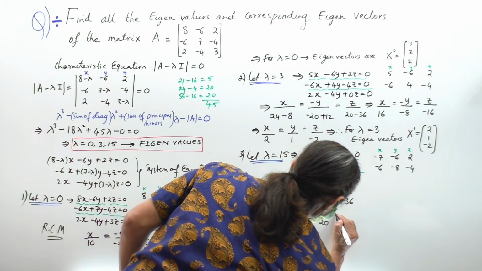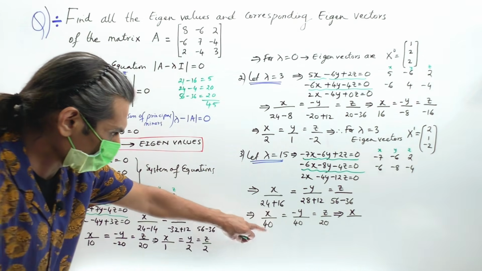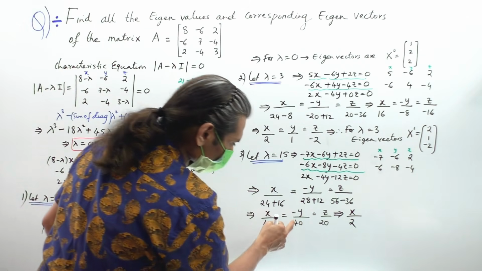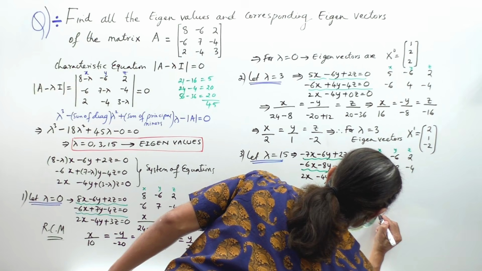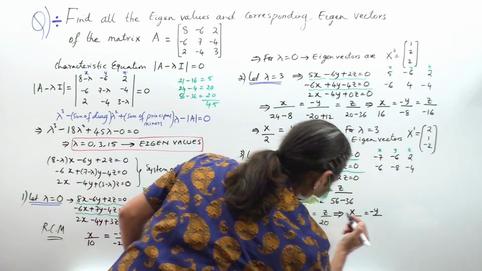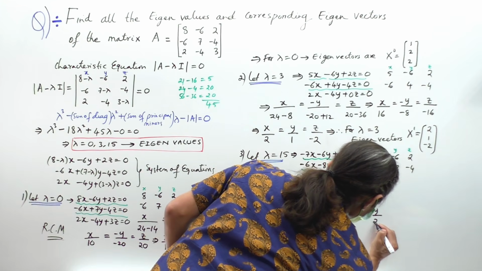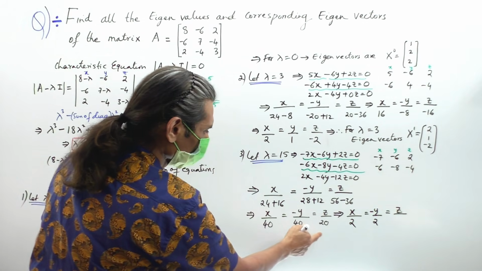So that implies x by 2 2s are 40. See, here minus is there. So minus and plus, minus or plus is minus only, 20. I'll write first, minus y by 2 2s are 40 again. And lastly, z by, what is that? 2 1s are 20.